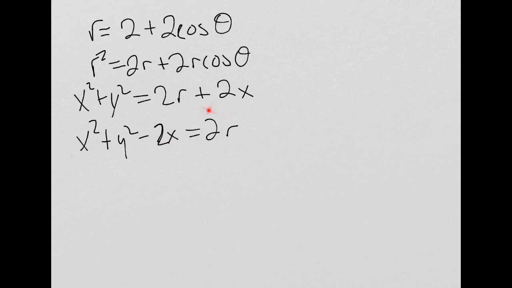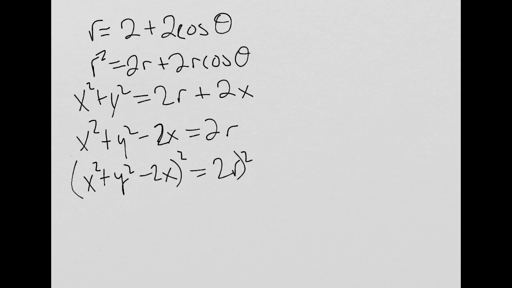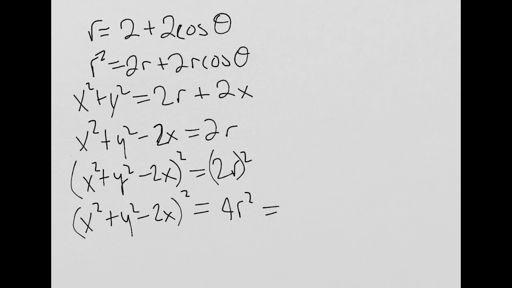So instead I think I will just take this side and square them both. (x squared plus y squared minus 2x) squared equals 2r squared. Put that in parentheses so I don't lose anything there. And so I'm left with (x squared plus y squared minus 2x) squared equals 4r squared, which is really 4 times x squared plus y squared.